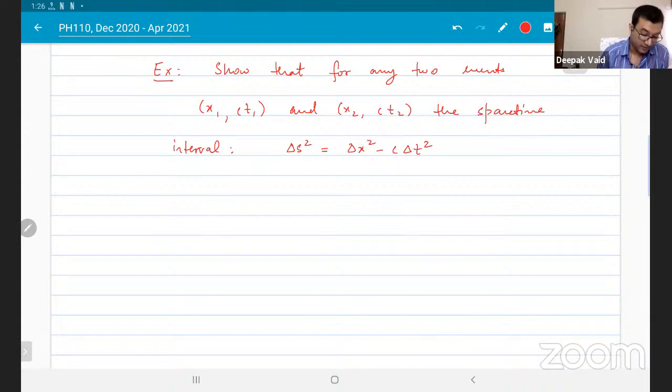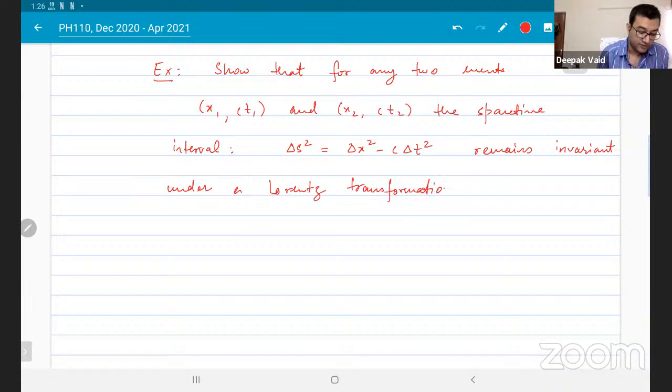Okay. It remains invariant under a Lorentz transformation.